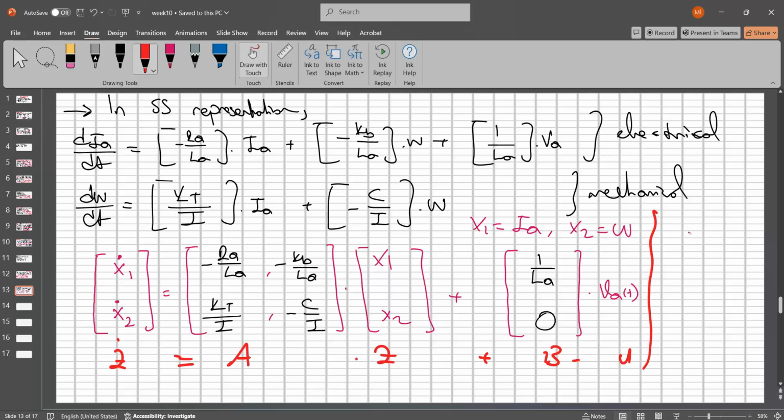So, solve examples or problems 6.44 and 6.43 in Palm. Okay? And also write the MATLAB code for this.